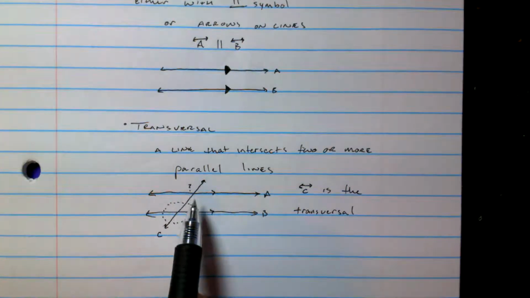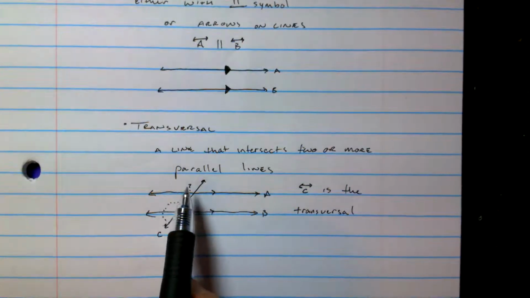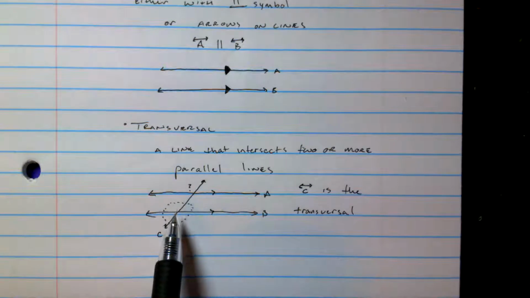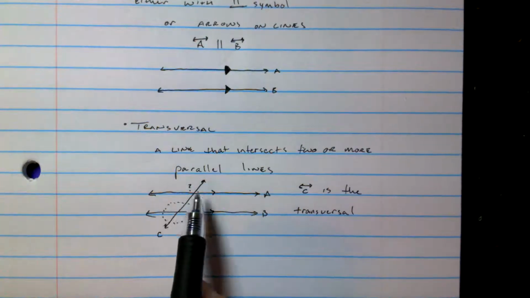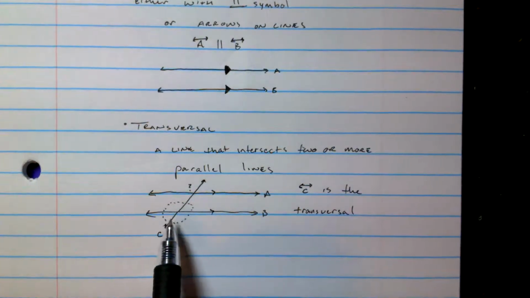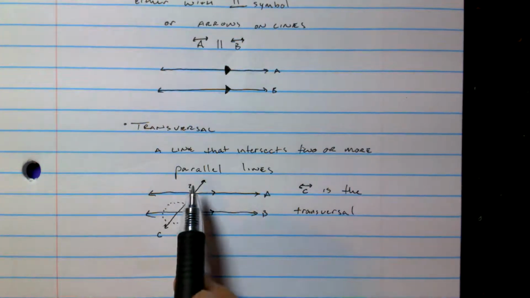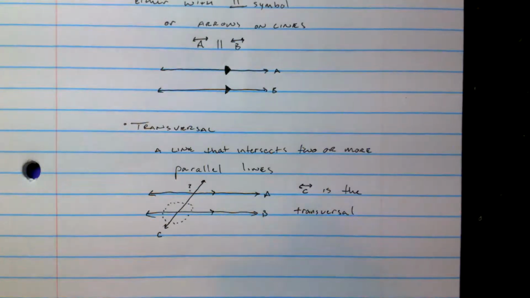Well, we have to have some relationships, and that's what we're going to talk about today: the relationships that allow us to make this jump from one set of vertical angles to another. They're very simple and very intuitive.